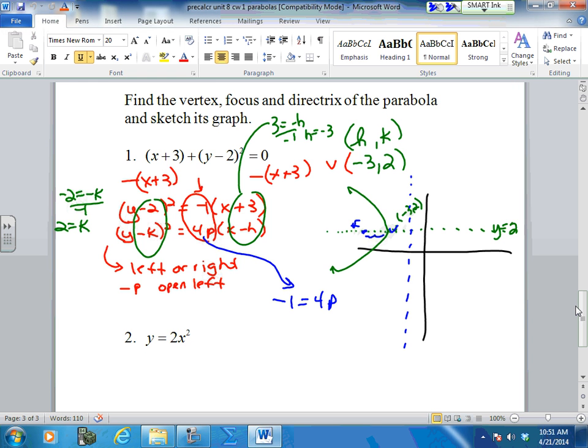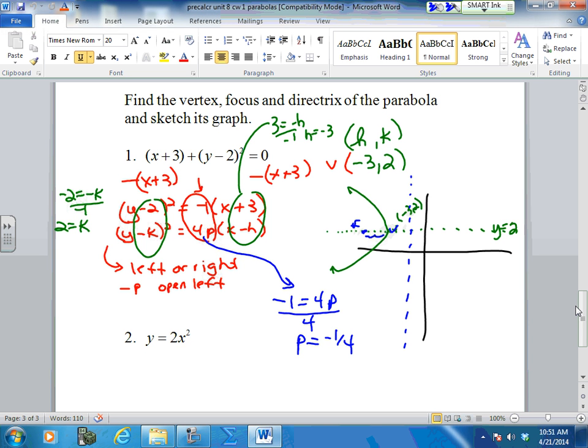And solve for p. So p is -1/4. We knew p would be negative, it's opening left. So our goal now is to take each value, the x or the y, and add and subtract 1/4 to it.